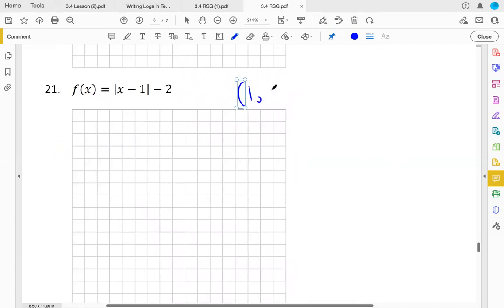Your lowest point on this absolute value is 1, -2. It's going to kick out from there. Just as a quick sketch. I think that should be good enough.